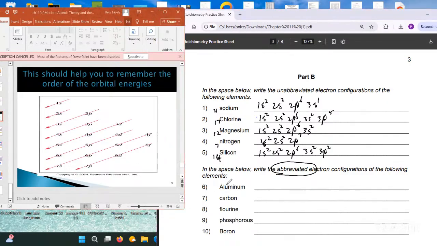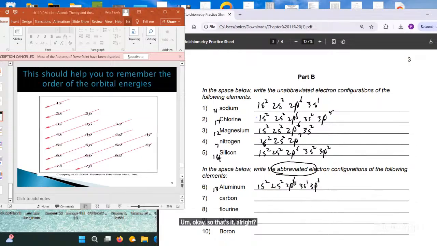So it will be 1s2, 2s2, 2p6, 3s1, 3p2. All right? It should be 2p6, I'm sorry. Okay, so that's it.